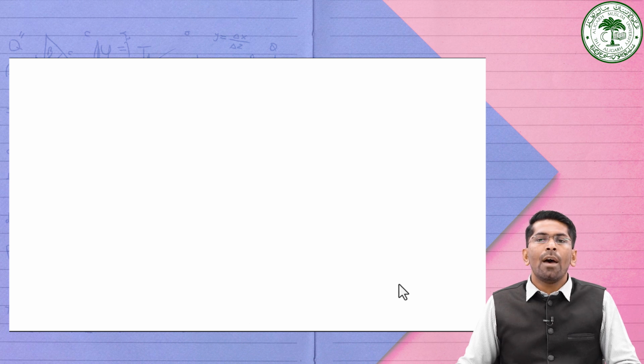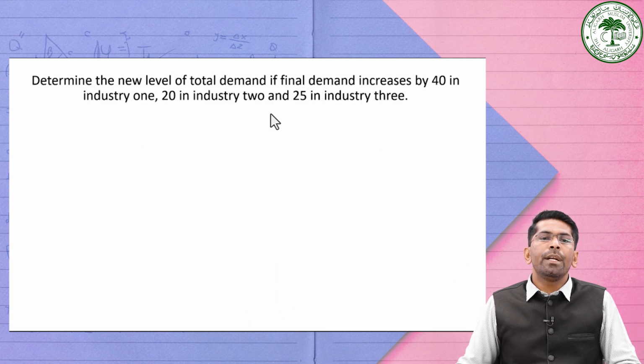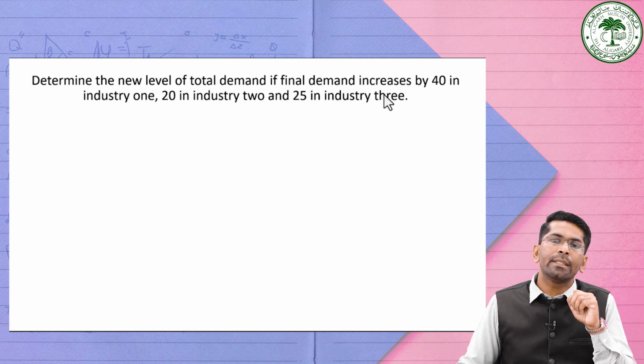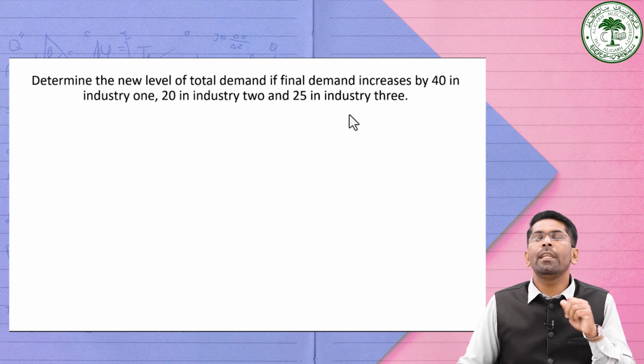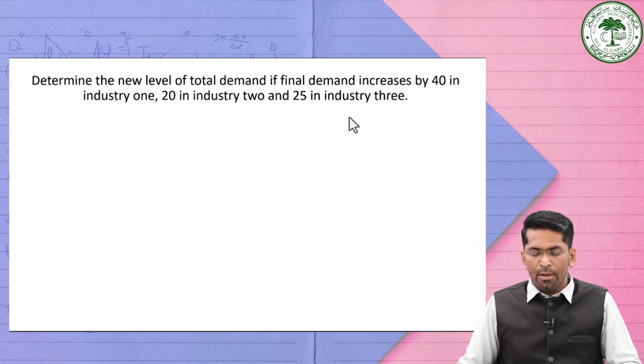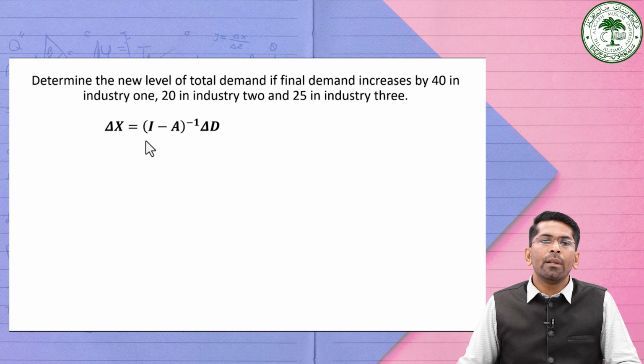1232.22. After this, we want to determine what happens if there is a new level of total demand, that is, if the final demand is not increased to, but increased by 40 in industry 1, 20 in industry 2, and 25 in industry 3. So we replace the final demand vector using this equation: changed output is equal to the inverse into the changed final demand vector.